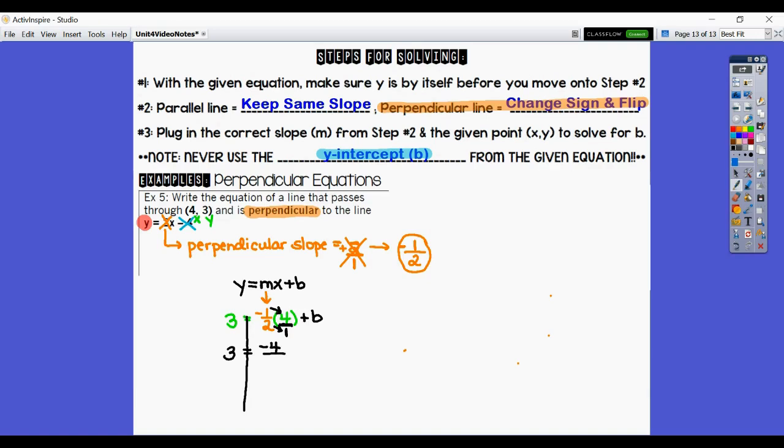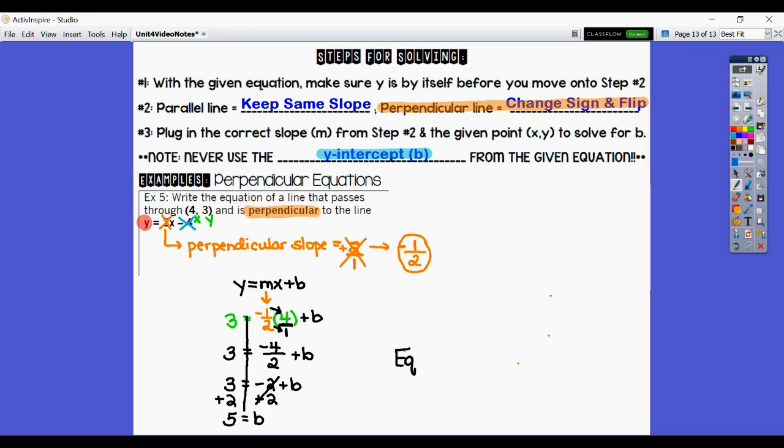And it's now a positive 2 with 1, which is 2. I add b. From here, I divide that fraction out. -4 divided by 2 is a -2 plus b. To move over -2, that will be addition of 2 because I have to do the opposite, leaving me with 5 on the left and just b on the right.